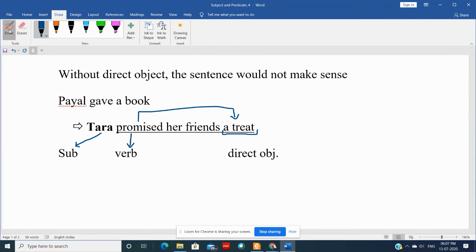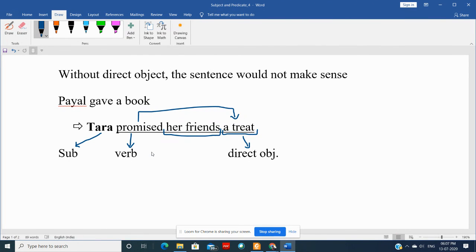Okay, so this is your direct object. Now, Tara promised a treat. Yes, it's making sense. But to whom? Her friends. So her friends becomes your indirect object.